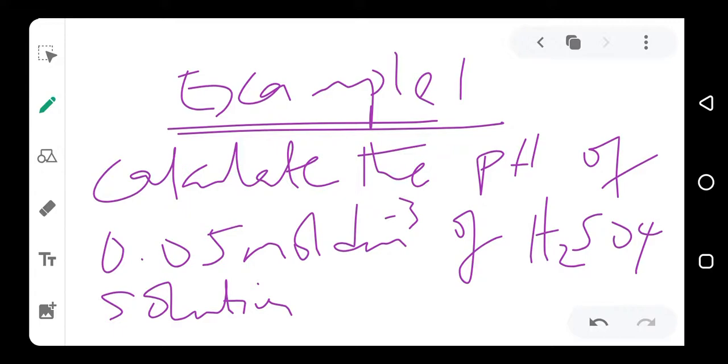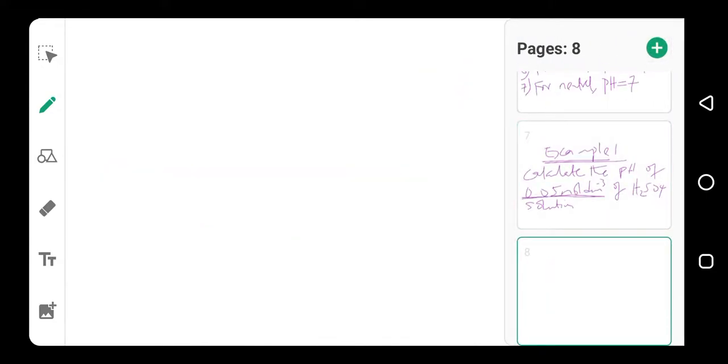Now this 0.05 mole per dm cube is talking about the molar concentration of the acid, that is the concentration of the acid. Now, the steps to take in solving pH and pOH calculations are this. Let me write the steps first before we now solve it.